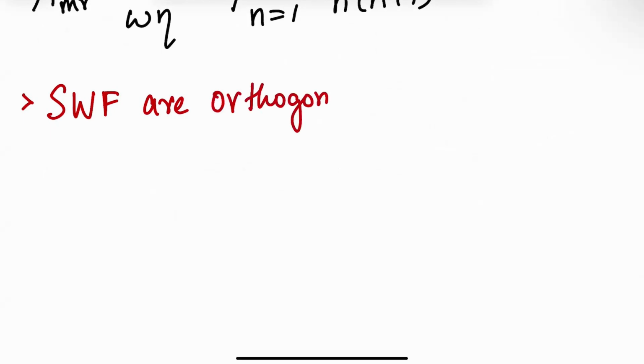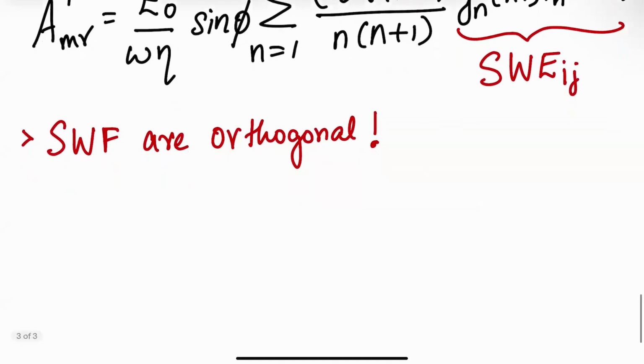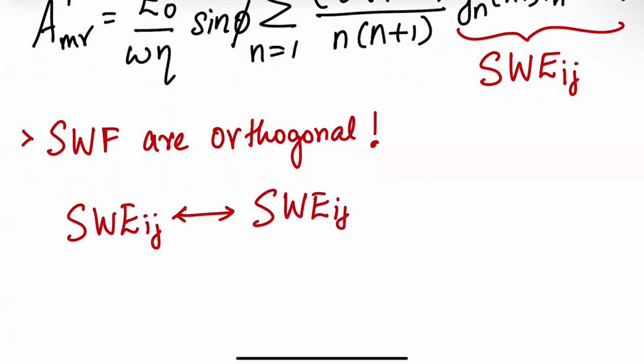Which means that if I have a given spherical wave function, let's call this, I don't know, SWE_ij for some index m and n, SWE_ij can only interact with SWE_ij. So if I have an incident field with a certain spherical wave function, because I have spherical symmetry in this problem, it can only excite the same spherical wave function.